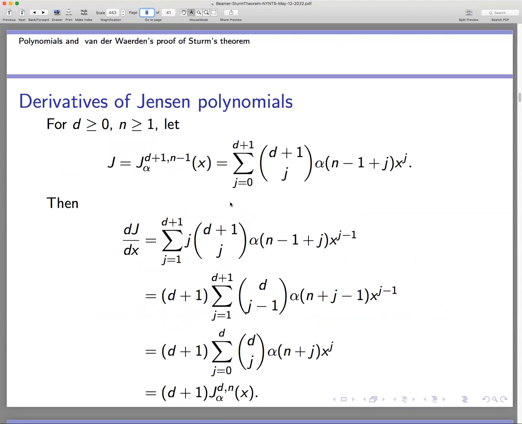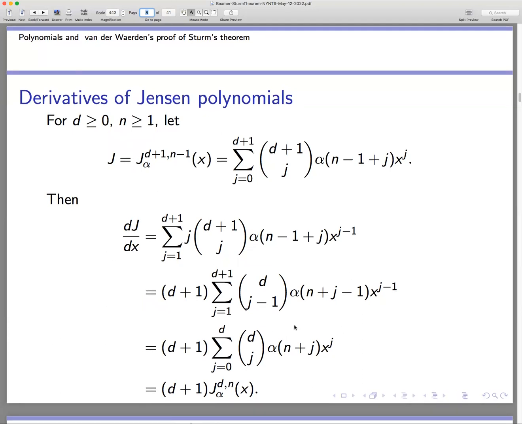If I take the Jensen polynomial associated with some sequence alpha, of degree d plus 1 and shift n minus 1, and differentiate it, if I did my calc 1 correctly, the derivative of this Jensen polynomial is another Jensen polynomial times some positive number d plus 1.